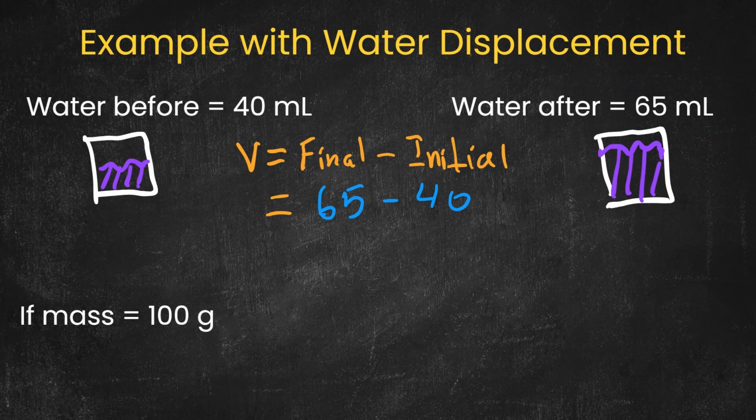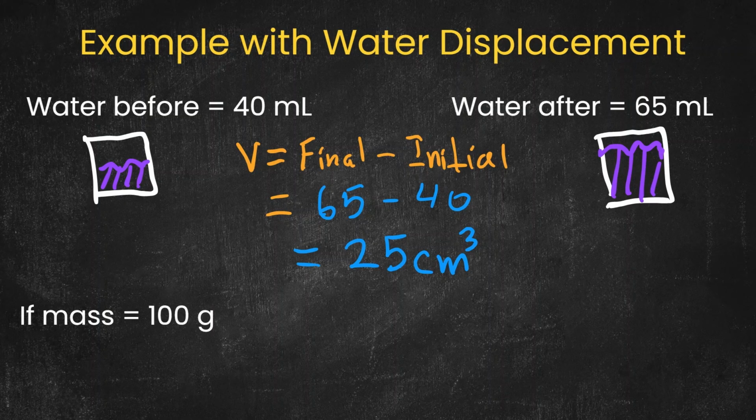So 65 minus 40 will give you 25 cubic centimeters. Now, why did I write cubic centimeters and not milliliters? You need to remember that 1 milliliter is equal to 1 cubic centimeter. So I prefer to write cubic centimeter.